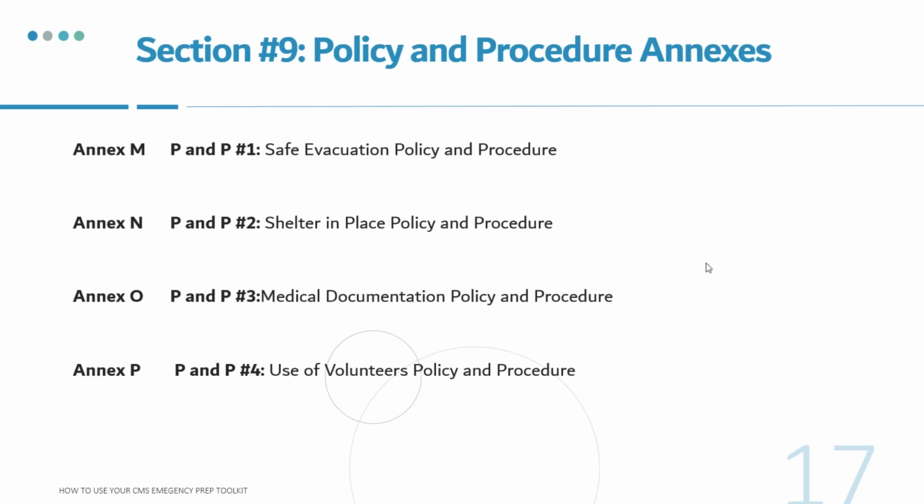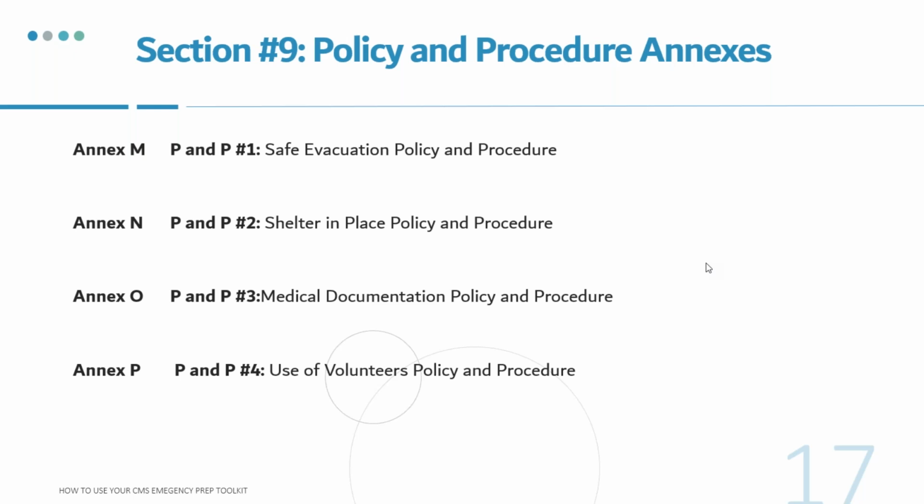Section 9 is policies and procedures. This is very specific to provider types. I've only listed a few of the templates, probably the ones that medical providers need the most.